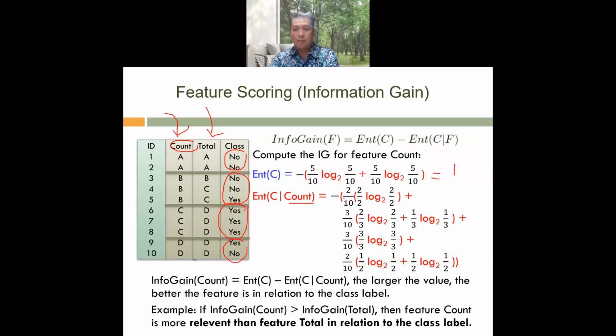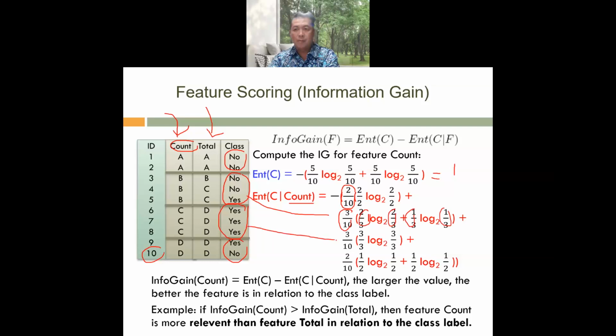Basically we use the weightage. We have 10 data here. This one is only 2, so the weightage is 2 over 10. And we have 2 belonging to the same class. Then we have 3 here, with 2 belonging to no and 1 belonging to yes. So we have these values.